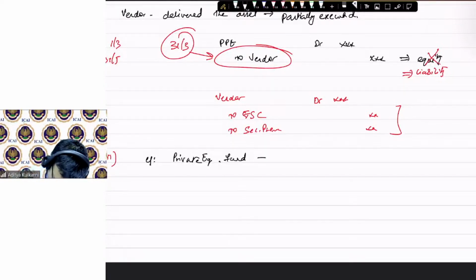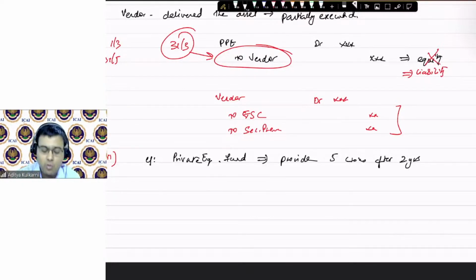Now, the private equity fund is willing to provide, let us assume, 5 crores after 2 years. The question is, how many shares will go to the private equity fund?